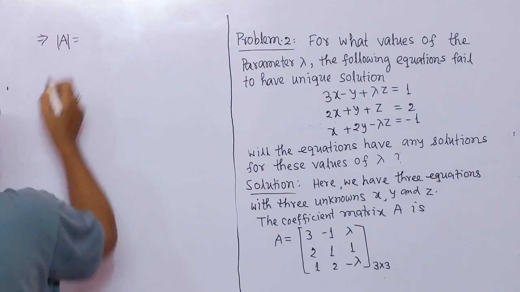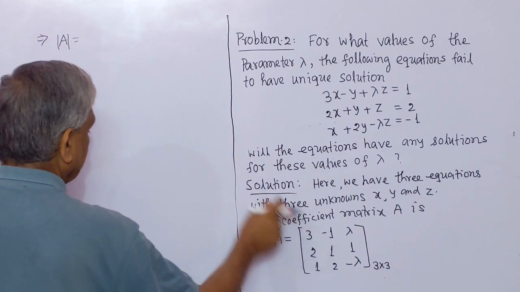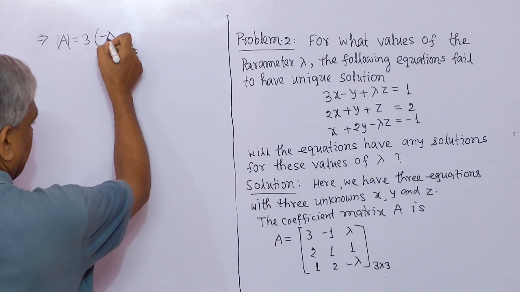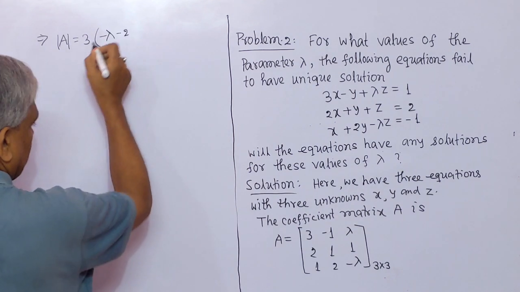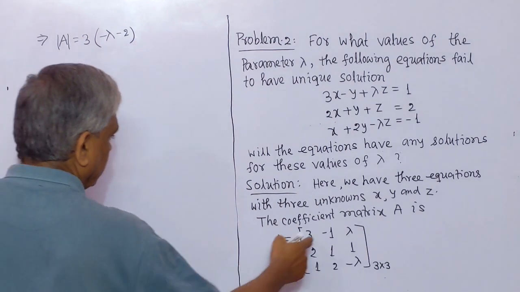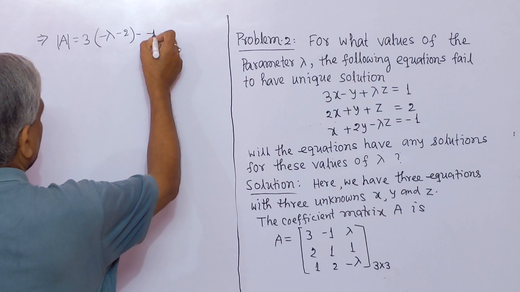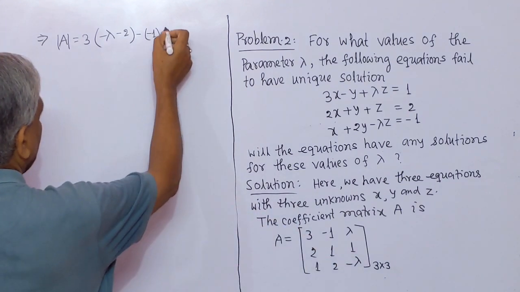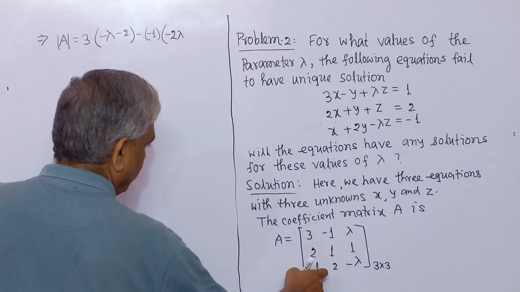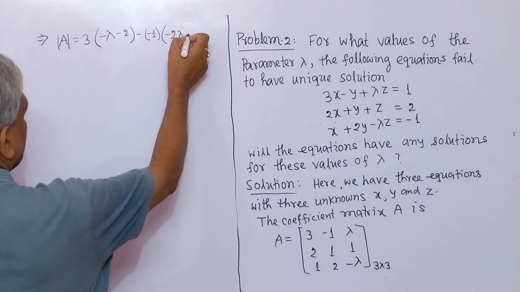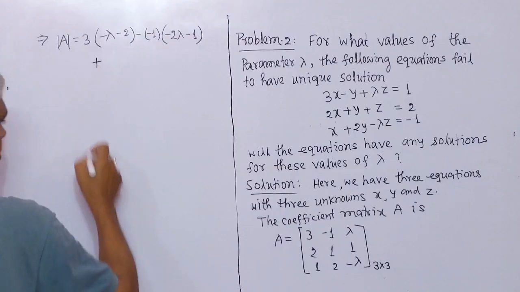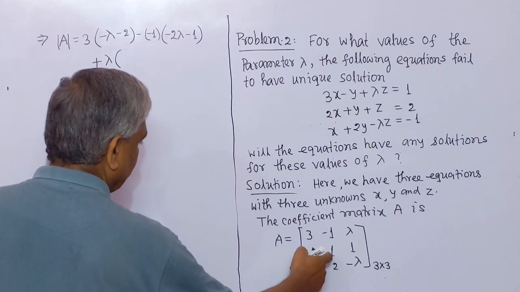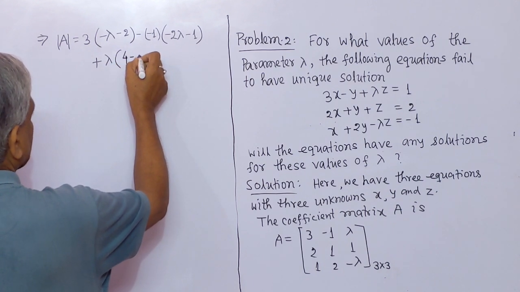determinant of A equal to, firstly we take 3 multiply, here 1 multiply minus lambda minus 2, then minus 1 into 2 multiply minus lambda minus 2 lambda, minus 1 multiply 1, plus lambda into 2 multiply 2 is 4 minus 1 multiply 1, 4 minus 1.